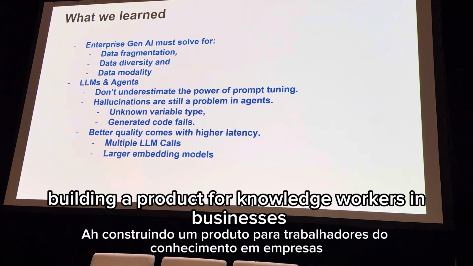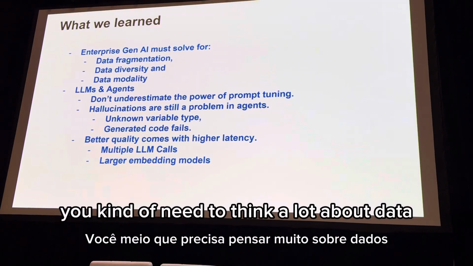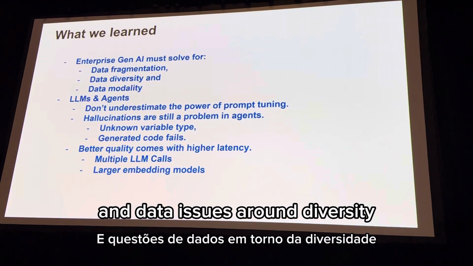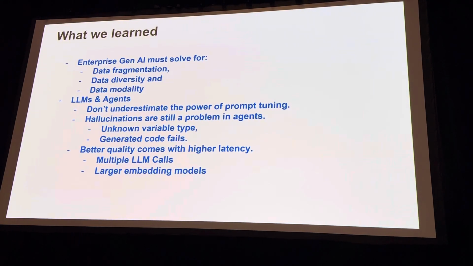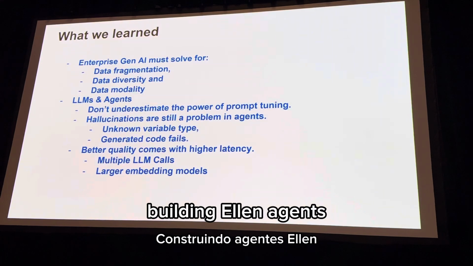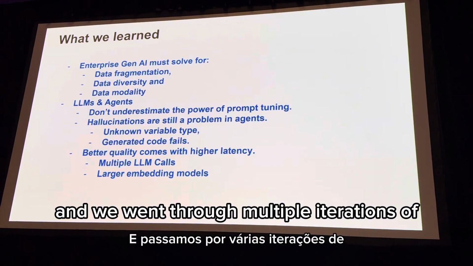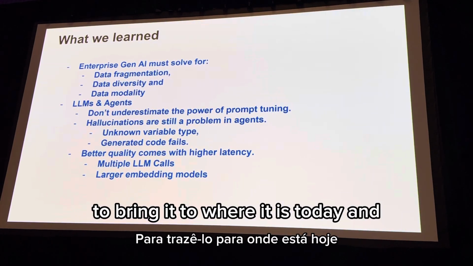You're building a product for knowledge workers in businesses, so you need to think a lot about data and data issues around diversity, modality, fragmentation, and stuff like that. And building LLM agents has also been a pretty interesting journey for us, and we went through multiple iterations to bring it to where it is today.